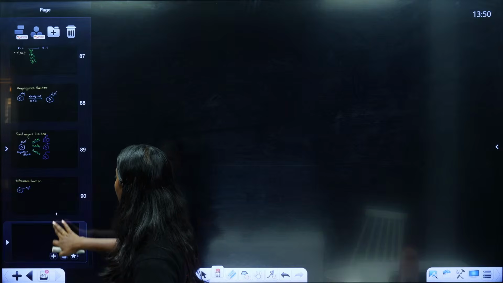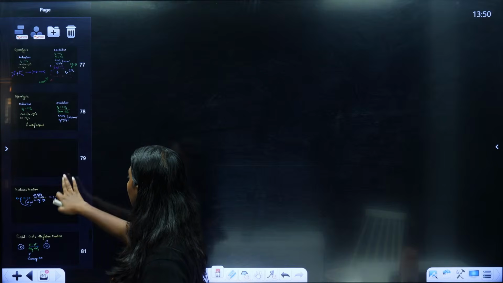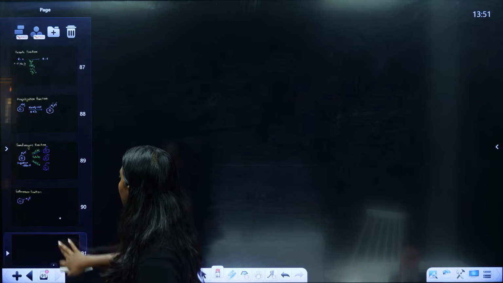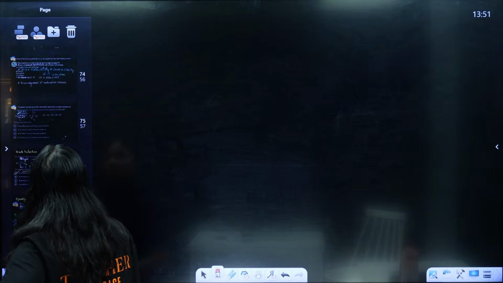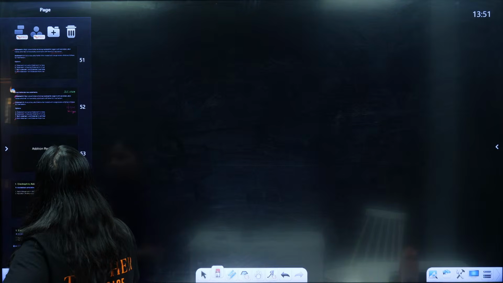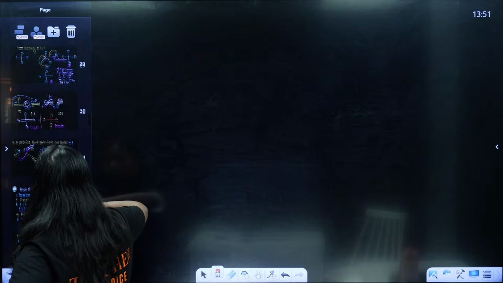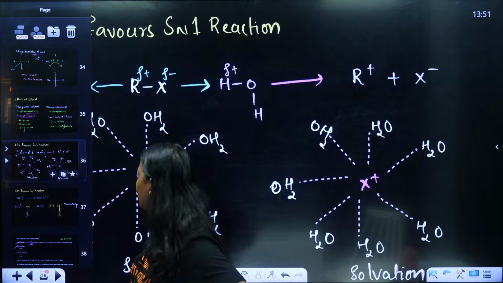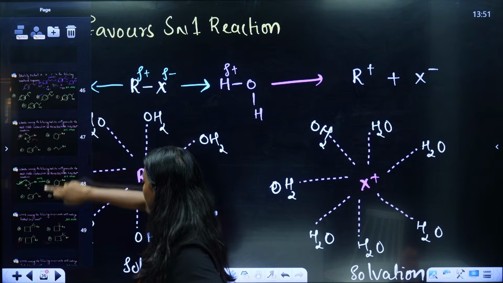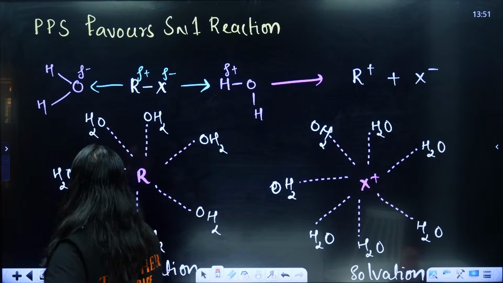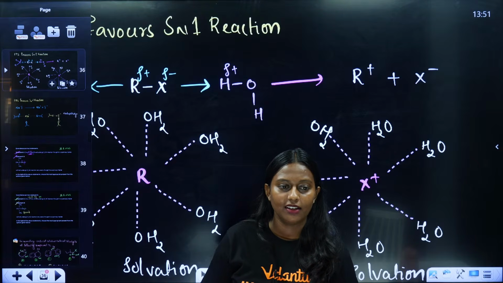So then we are moving to addition reaction. Just a second. There is some technical glitch.